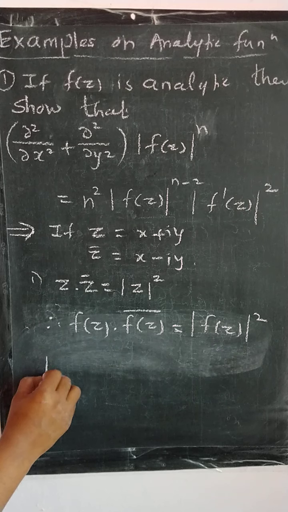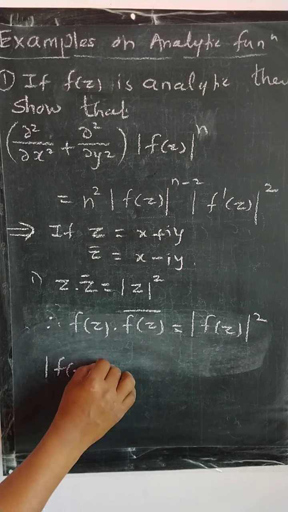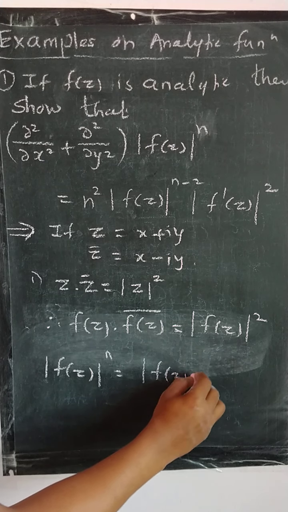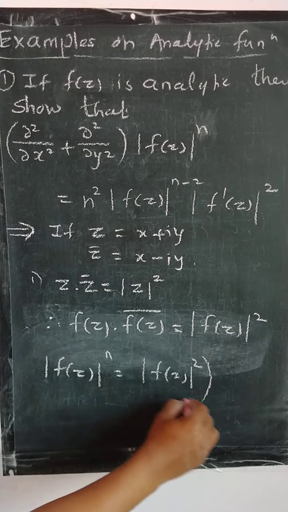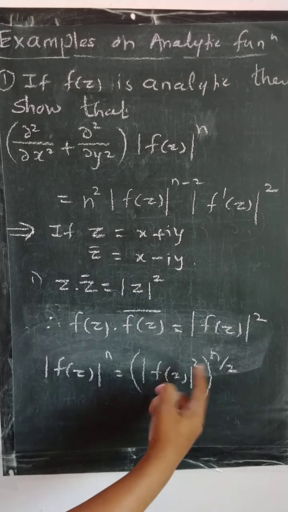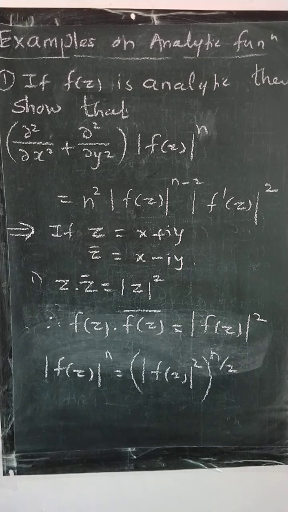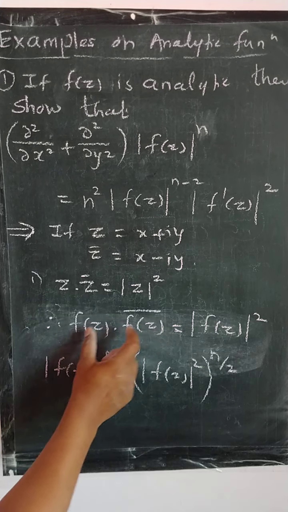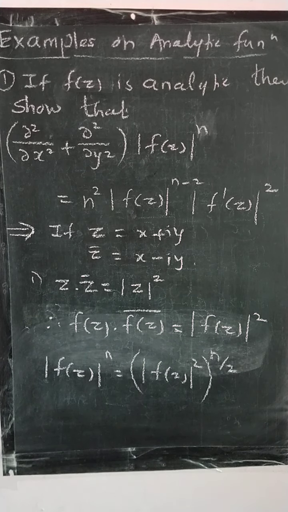I can write |f(z)|^n as |f(z)|² the whole raised to n by 2. These two will get cancelled by laws of indices, and I will get only n. So for |f(z)|², I am going to substitute this.